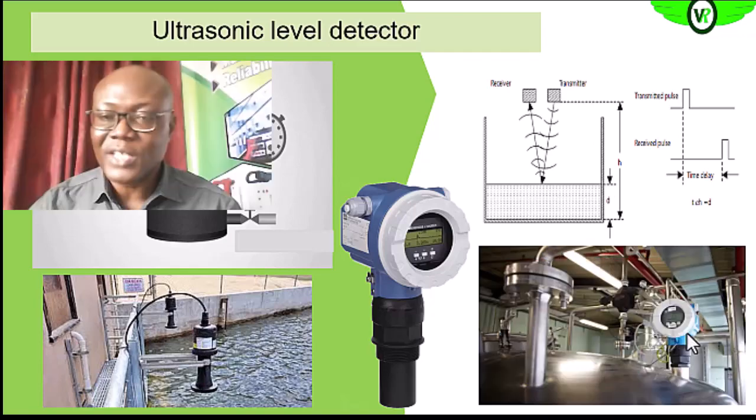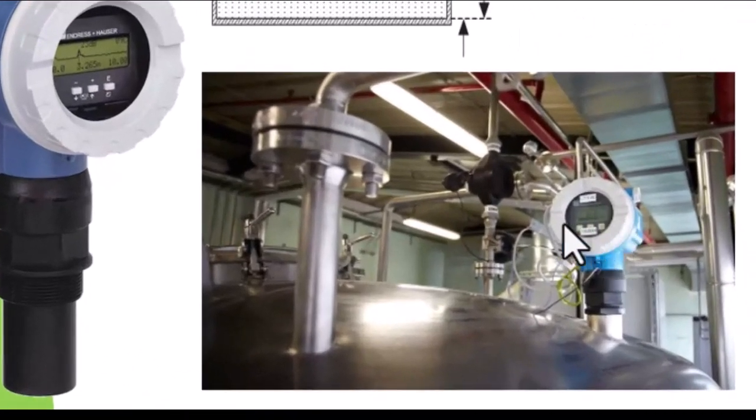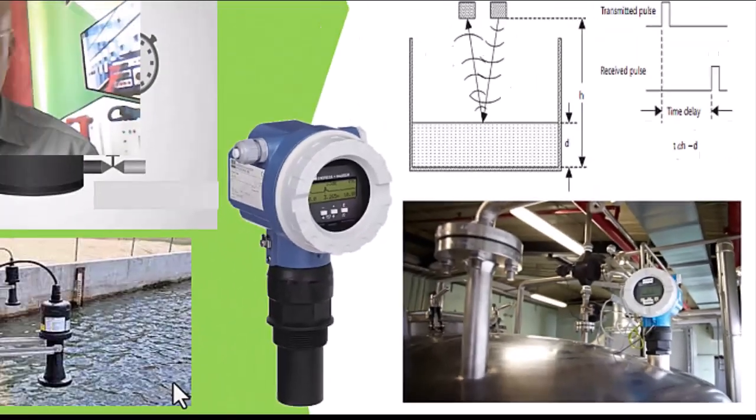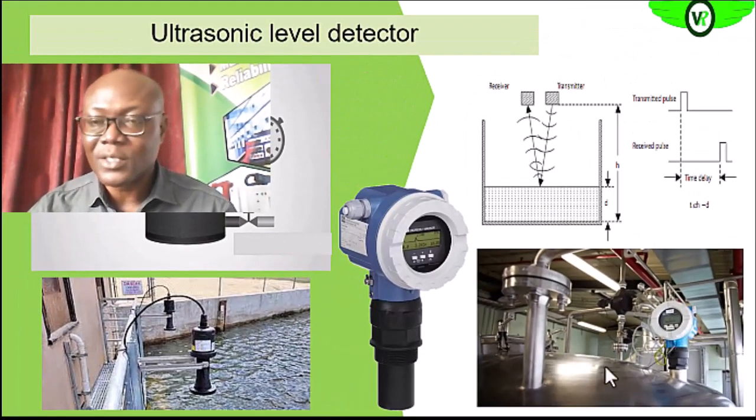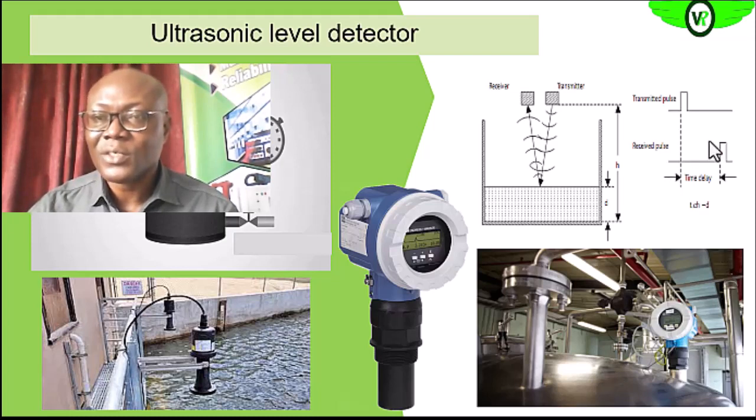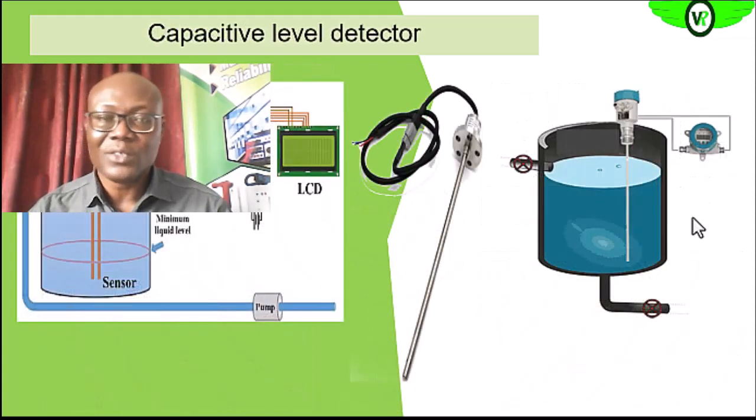So this is how they are physically installed. This is the one that is physically installed in a vessel. This is an open tank. This is a closed vessel. Are we getting it? So you see the time delay between the transmitted pulse and the received pulse. This time delay is an indication of the height of the fluid.